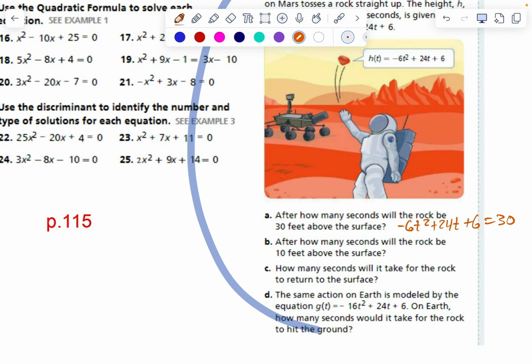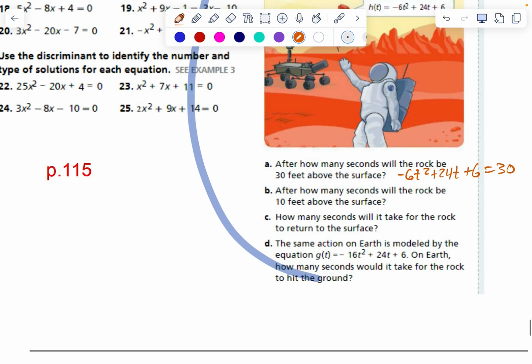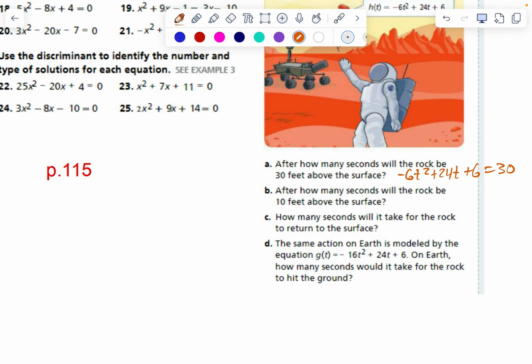Is that factorable? I'll write it over here. Let me get rid of this blue line. If we factor out a negative 6, we'll have t squared minus 4t minus 1. And then over on the other side, we'll have negative 5. Did that help?